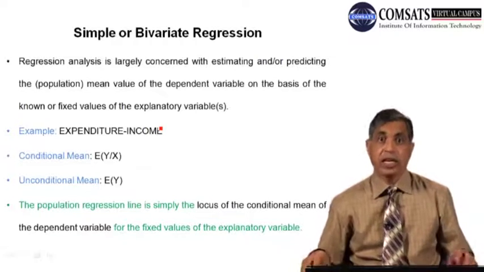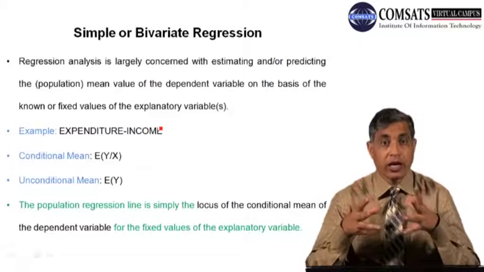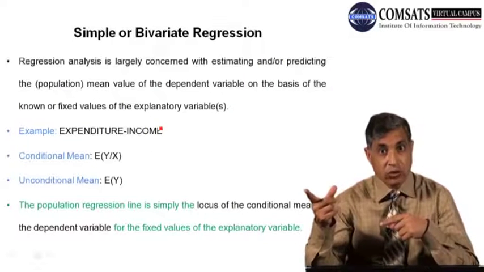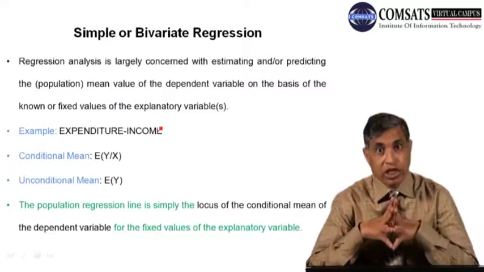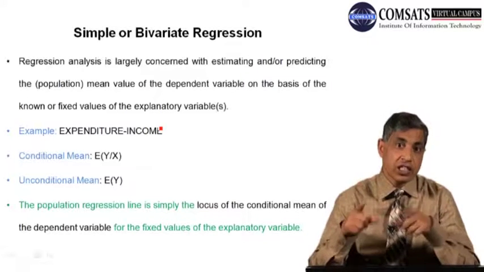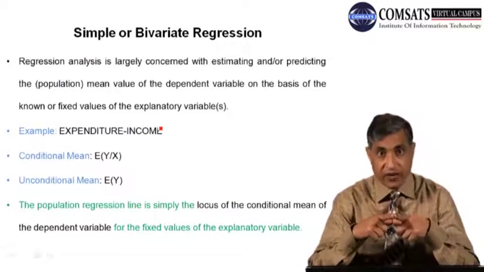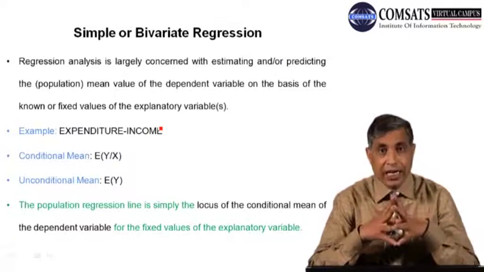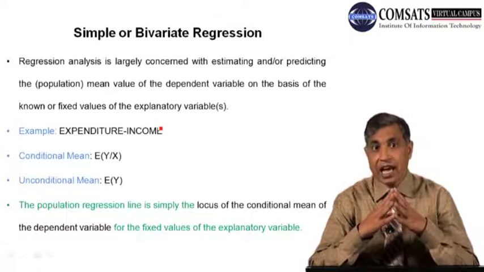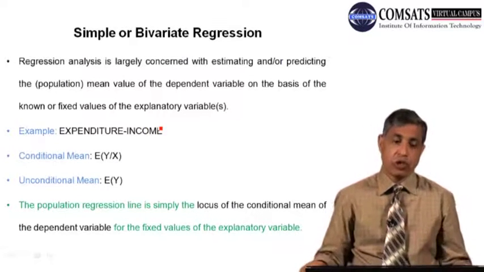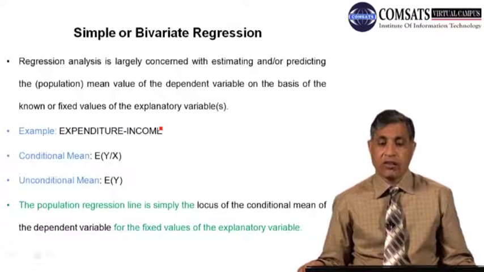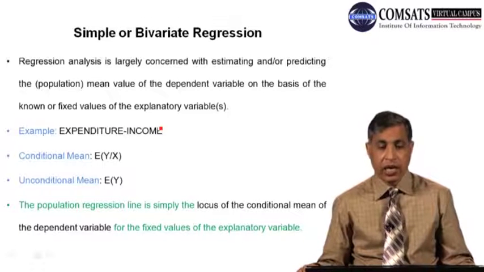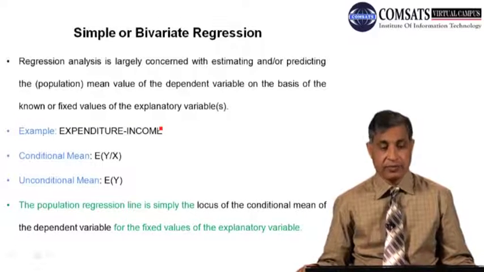Every time we are interested to know about the population, and as I said in the previous one or two lectures, the population cannot be studied. We will be estimating the average value of the population mean on the basis of our sample. So we are interested in estimating the average value of the population mean on the basis of the dependent variable, and their values are fixed.